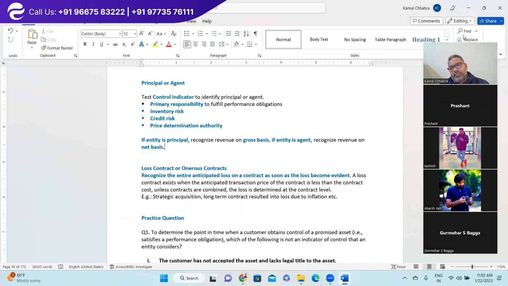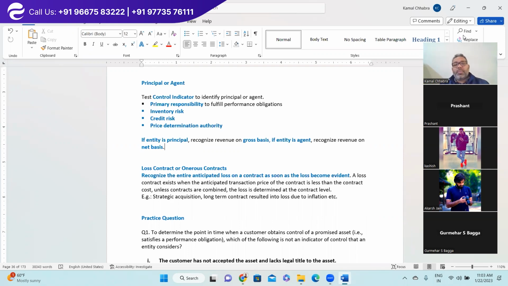So who has the credit risk? That means whose loss will it be, Prashant and Ayush's or the agent's? We'll try to push the agent, but at the end it is your company's loss, right? Right, sir. So that is called credit risk.